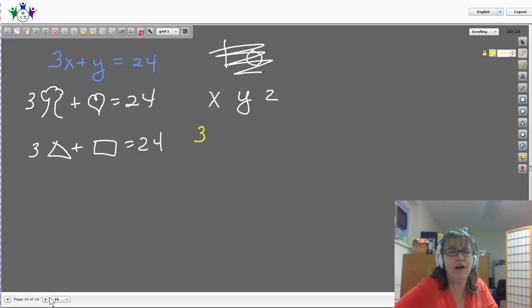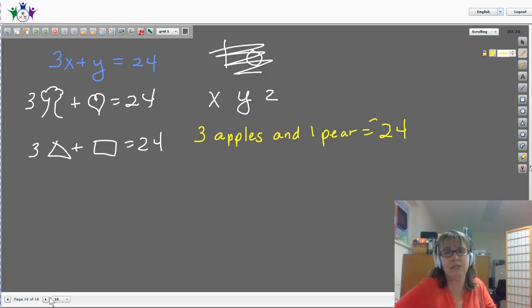So if we want to find out if we bought 3 apples and 1 pear, how much did those cost if we only spent $24? So we now do 3a plus p equals 24. And that's where they're coming up with those letters. Personally, I like the X and Y, but that's how I've done them so often. It's just patterns for me.